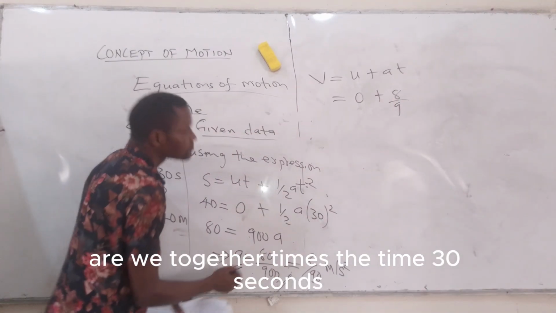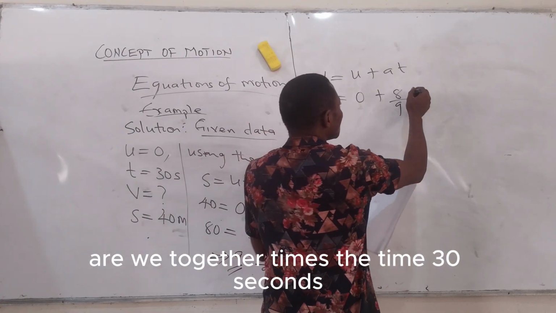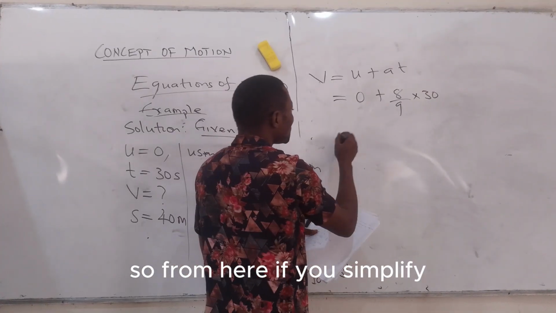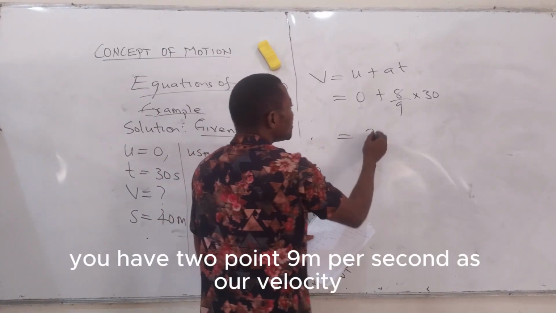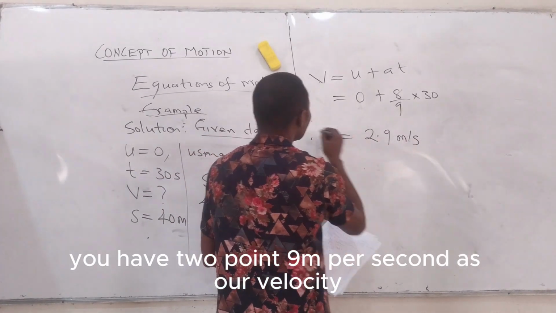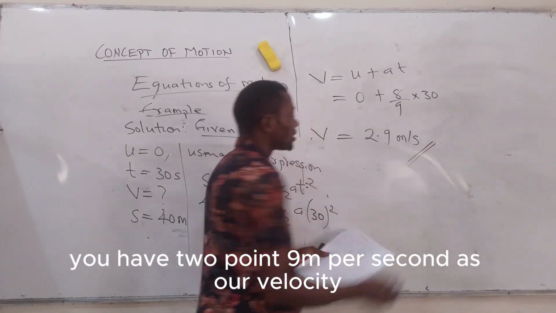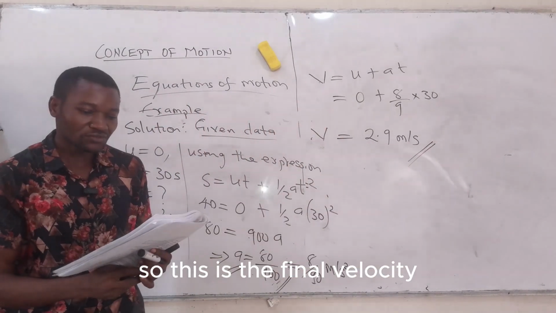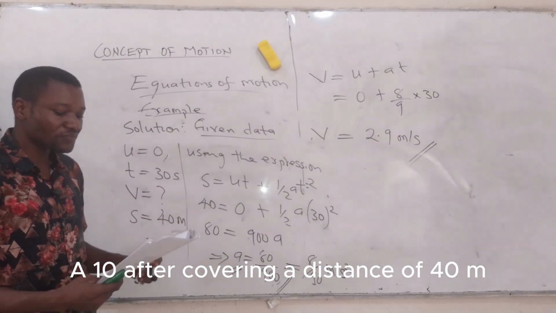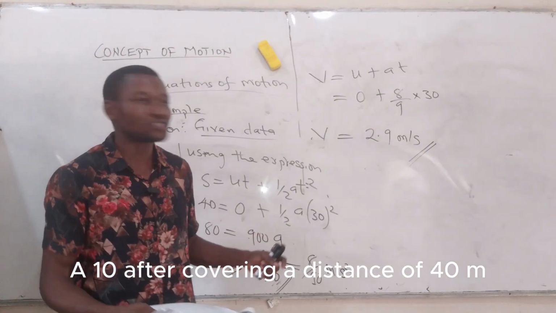Are we together? Times the time, 30 seconds. So from here, if you simplify, you have 2.9 meter per second as our velocity. So this is the final velocity attained after covering a distance of 40 meters.